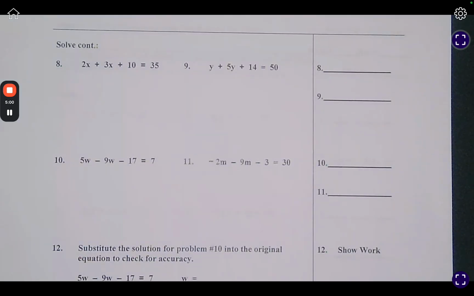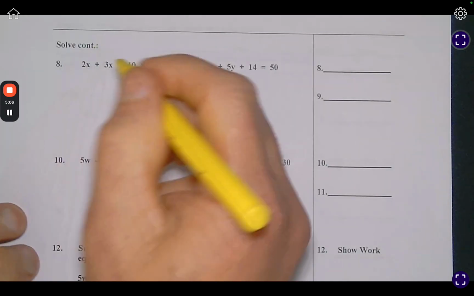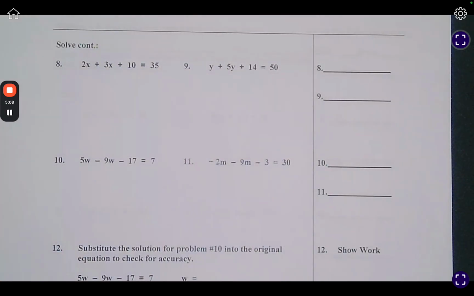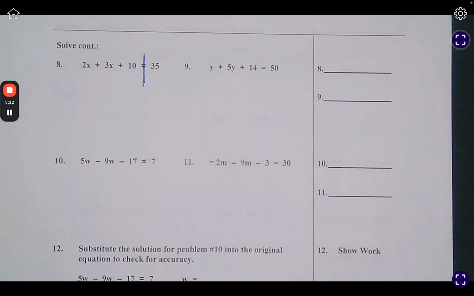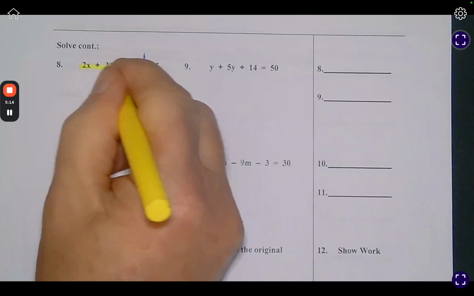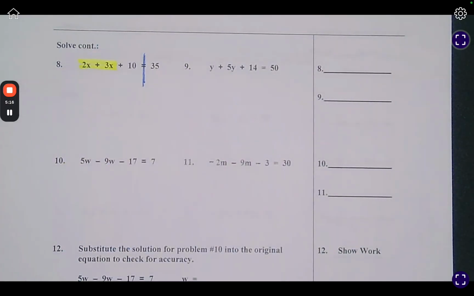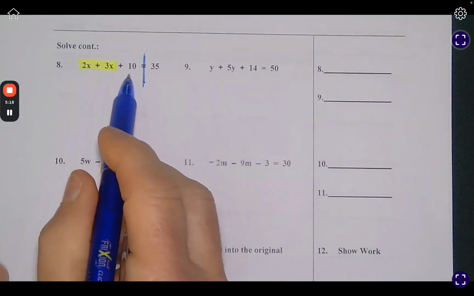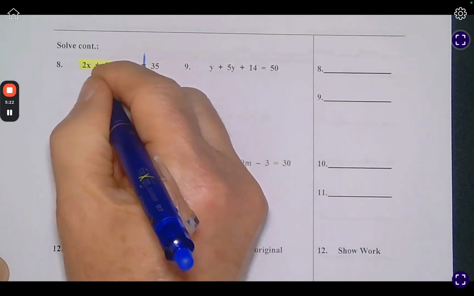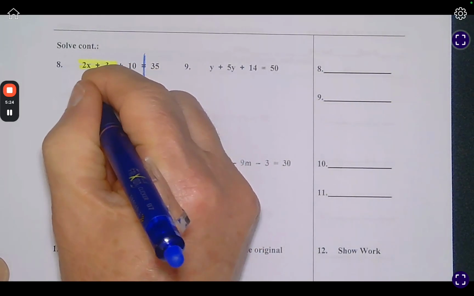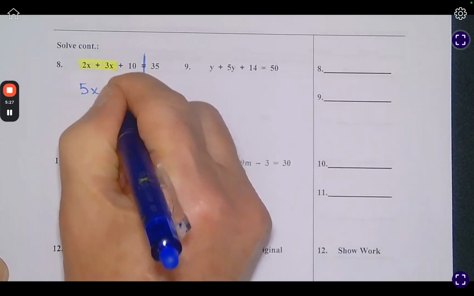Now we have combining like terms and another term. Notice on the left-hand side, I'm looking at left and right. On the left-hand side, I have these terms that are like, so I can combine them. That is not like those. So I'm just going to quickly combine those. I simplify before I do anything else.